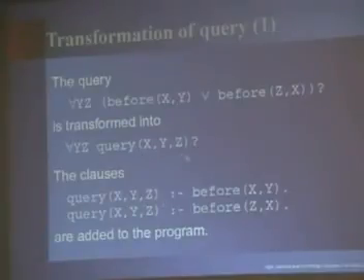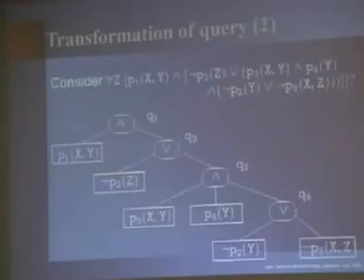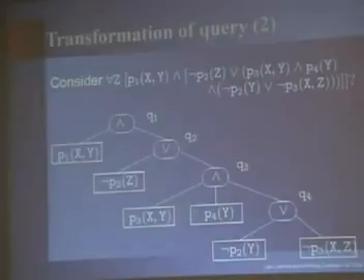Now the second subformula of the query is a disjunction with two disjuncts. The first disjunct is the negation of P2 of Z, and the second disjunct is a big formula that will be represented by Q3. This last formula is a conjunction of three terms, P3 of XY, P4 of Y, and finally a disjunction of two subformulas.